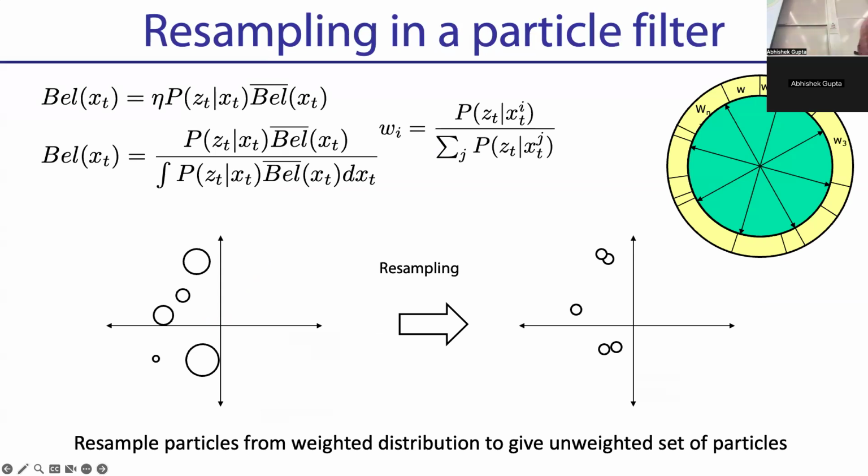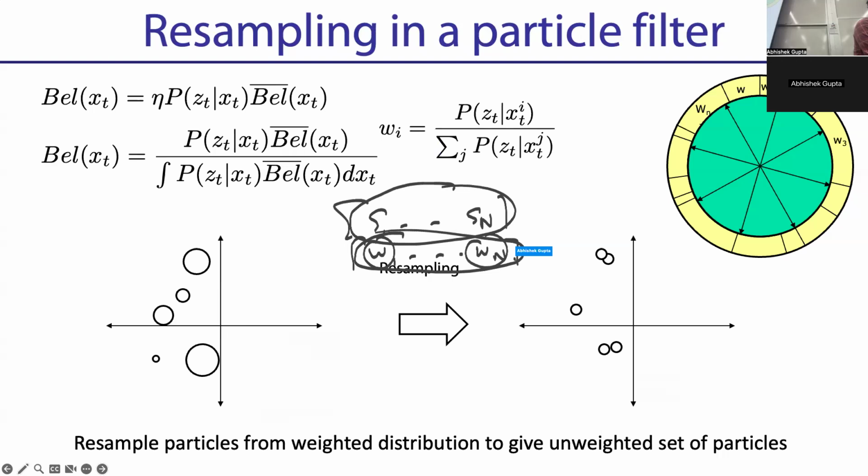The important thing here is, if you remember our previous data structure, we had S1 to Sn, we had W1 to Wn, right? In the measurement step, we are still going to compute Ws. But before going to the next motion step, we're going to perform an additional step of resampling. In the resampling step, we take these Ws, spin the roulette wheel a bunch, and it's going to change the S's. It's not going to be the same S's. I'm going to reshuffle the S's to be more in higher likelihood things and less in lower likelihood things, right?